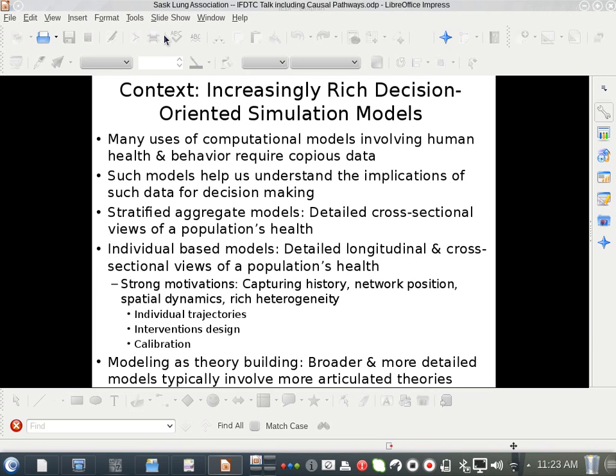There's social support networks built around smoking. Uptake, initiation of smoking is known to be affected by social context, peer effects, peer pressure, and relapse is likely affected by similar phenomena. So we might build a simulation model to help us understand smoking.